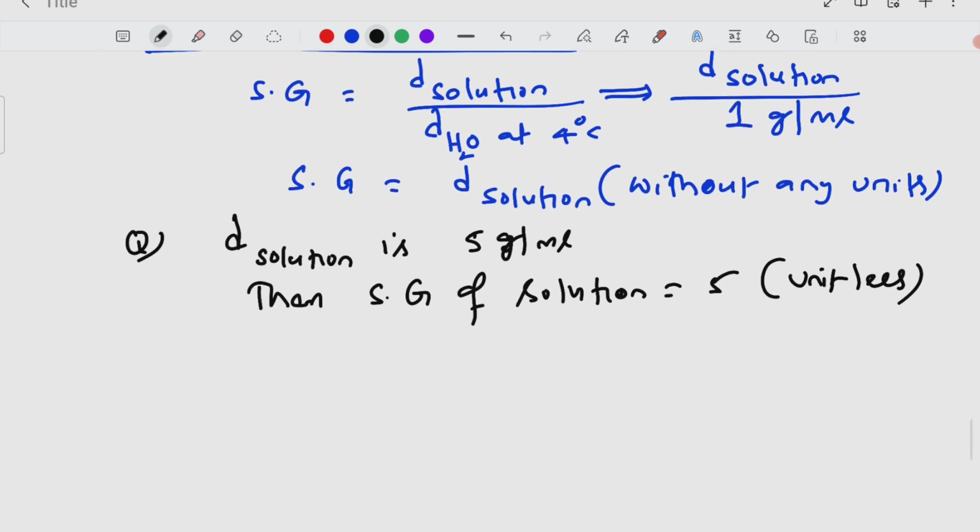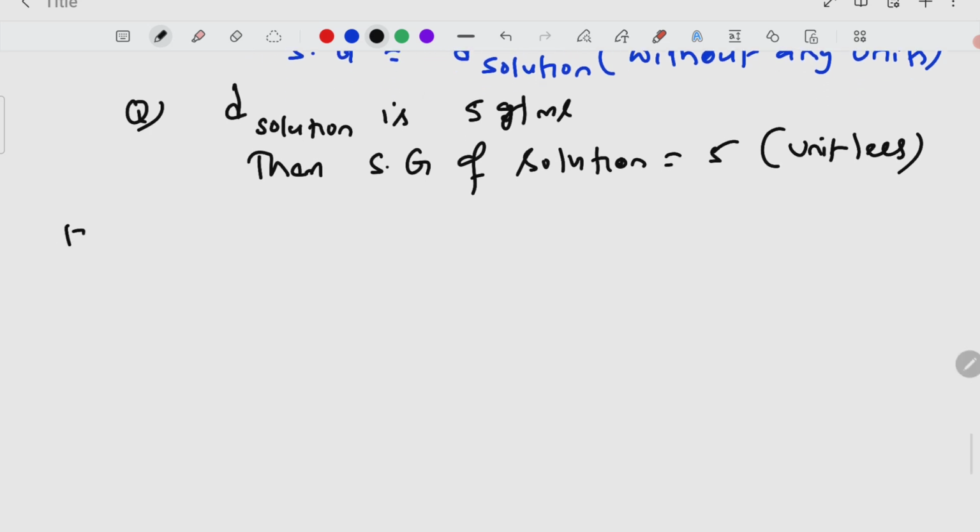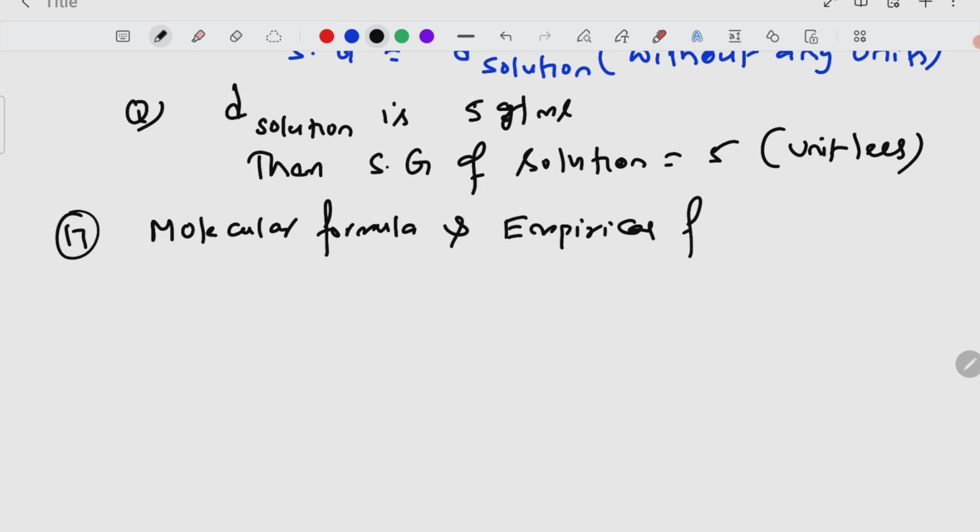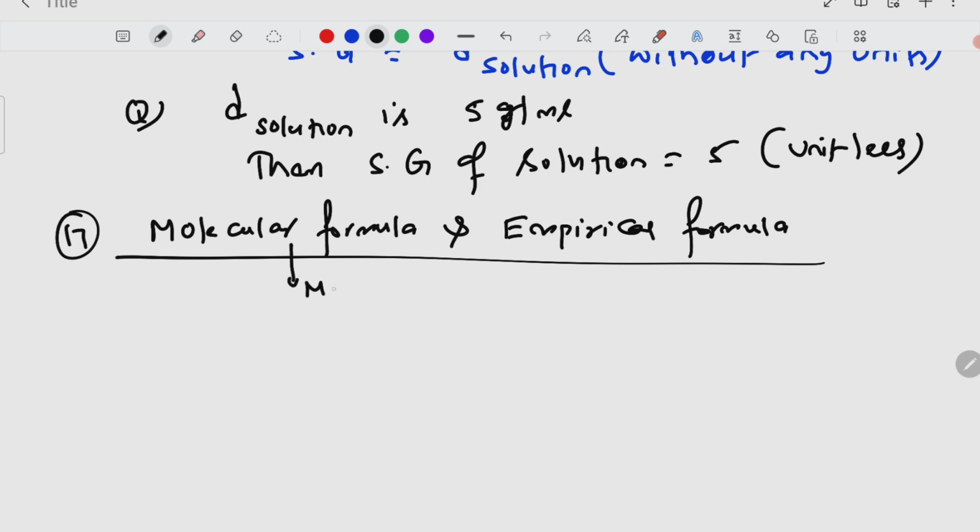Next term, here you can consider, that is molecular formula, empirical formula. So molecular formula, in short, if we represent it by using MF, empirical formula EF.